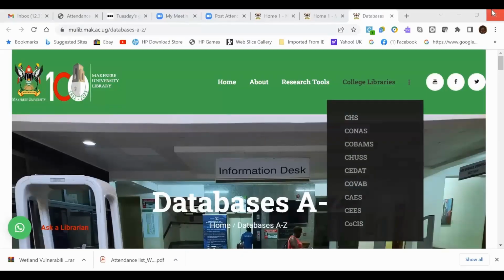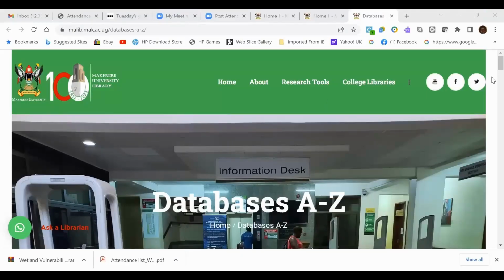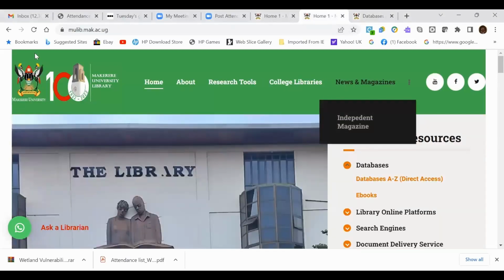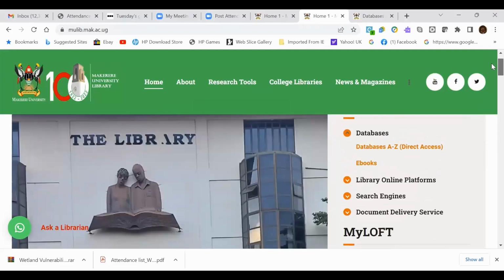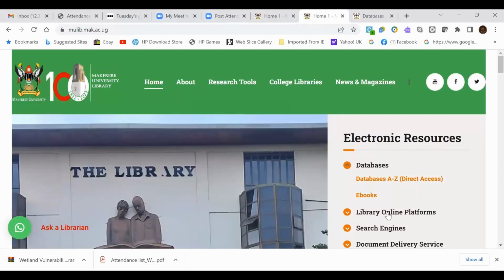I just wanted to help those of you who may be having a bit of a challenge. So this is the Makerere University Library website. I hope you can see it. And as you can see, we have access to electronic resources.